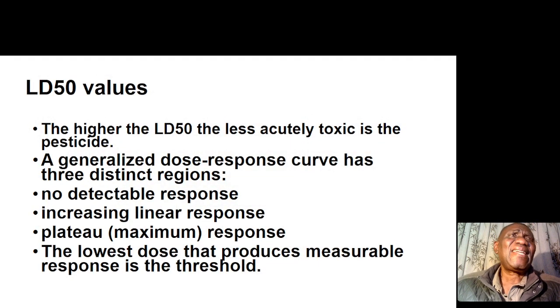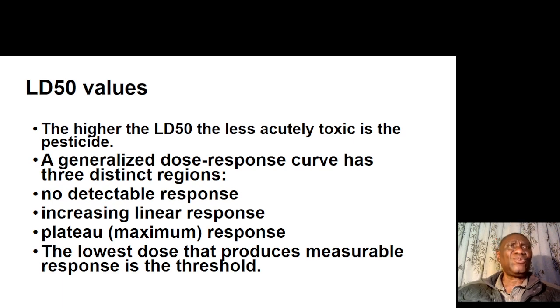So this is a generalized dose response curve which has got 3 distinct areas. The first area where you have 0, no detectable response, and you have an increasing linear response where we get our 50% killing, giving us our LD50.